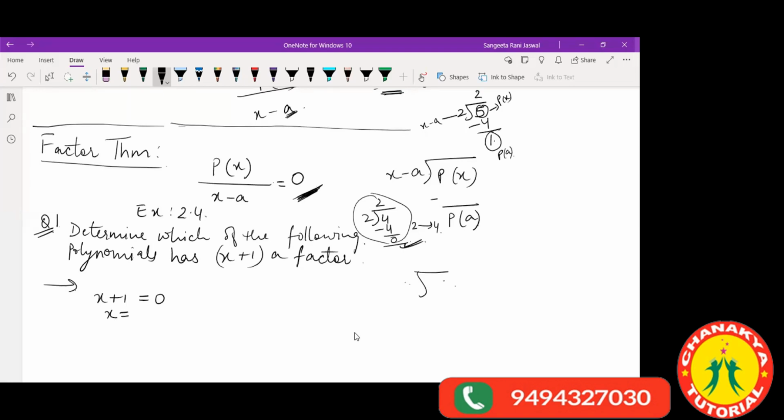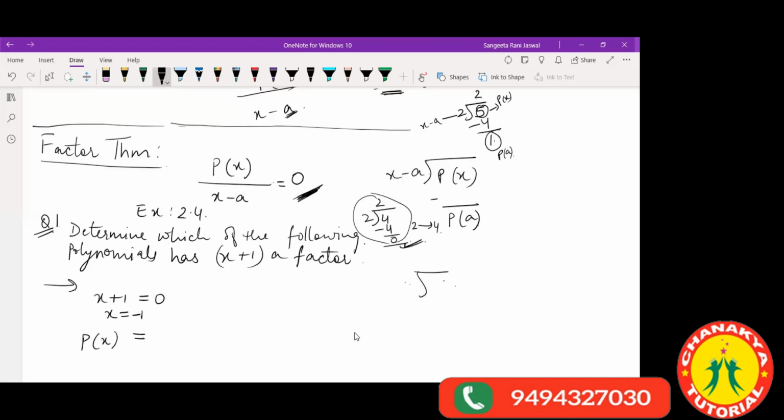X becomes minus 1 when it goes on the other side. When we are given this factor, we take the value of x from it and put it in the polynomial equation which is given to us.